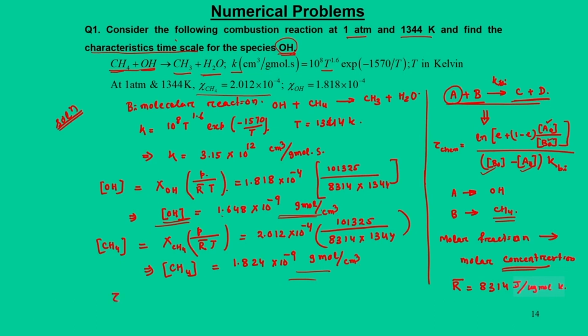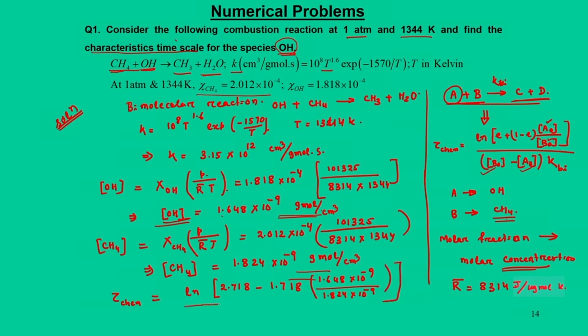So we can find the chemical time scale as ln of E, which is 2.718, plus 1 minus E, which is minus 1.718, into concentration of A0, where A0 is our OH, 1.648 into 10 to the power minus 9, divided by B0, 1.824 into 10 to the power minus 9.